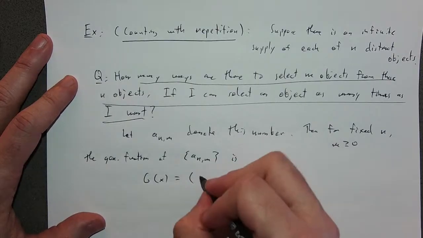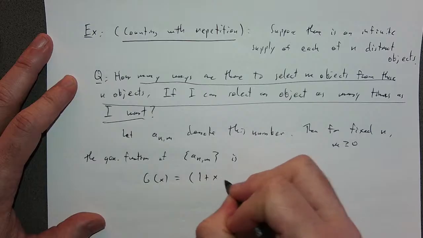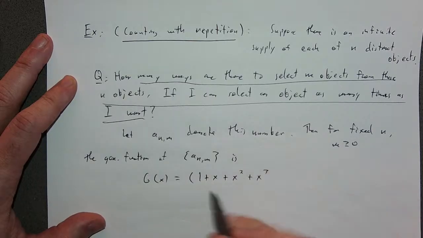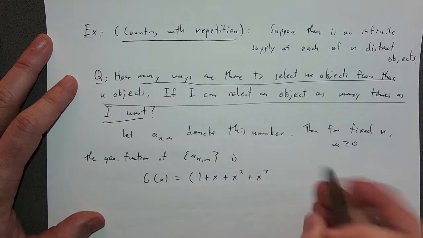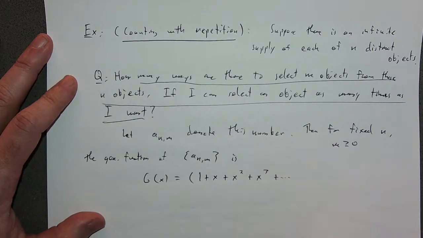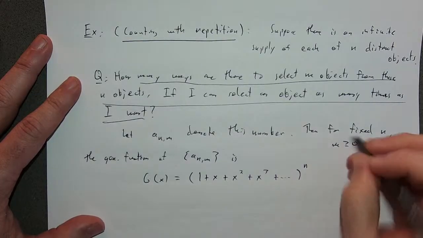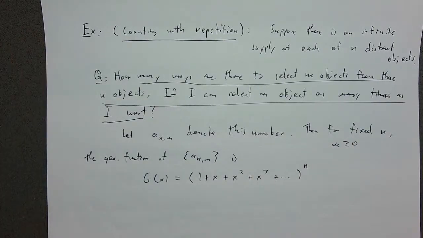And so this is me selecting the object no times, 1 time, 2 times, 3 times, and so on. It doesn't stop there. And that is raised to the n because in sequence I'm thinking of selecting each of the n types of object in this way.